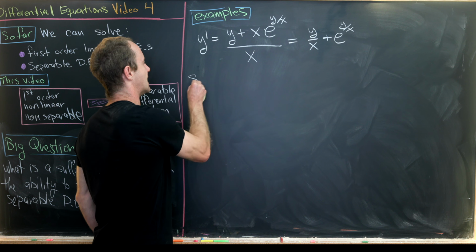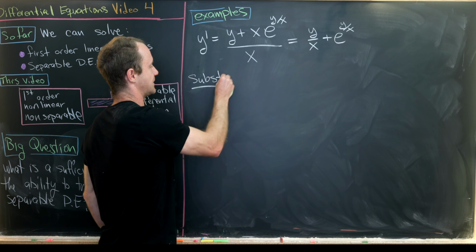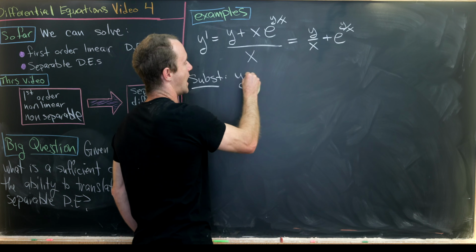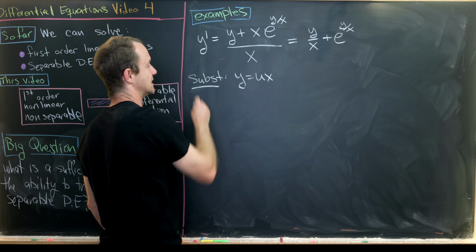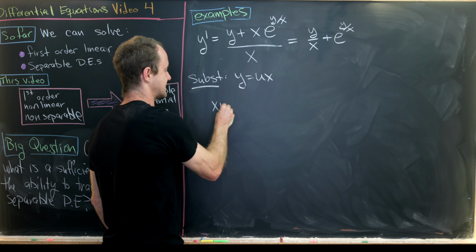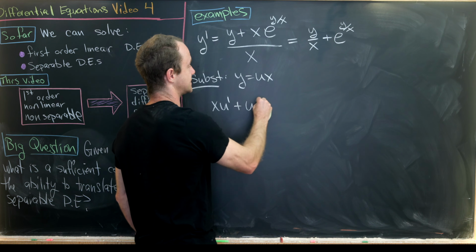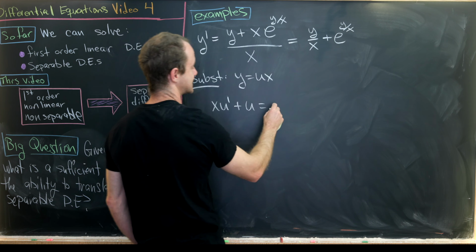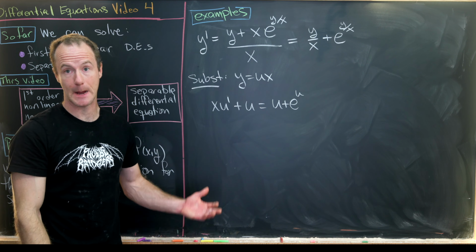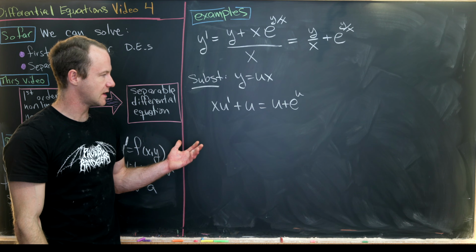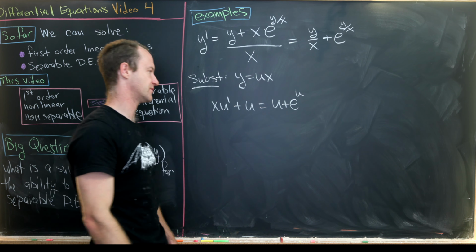Okay. So now let's make our substitution, and our substitution will be y equals u times x, and that's going to turn the left-hand side of this into x times u prime plus u, and it'll turn the right-hand side into u plus e to the u. Okay. Then where can we go from here? Well, we can use separation of variables technique.